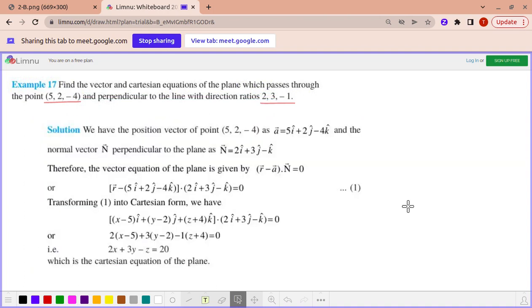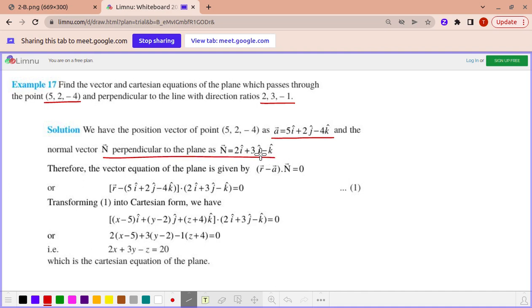So, dear students, as the fixed point is having coordinates 5, 2, minus 4, its position vector will be a vector equal to 5 i cap plus 2 j cap minus 4 k cap. And n vector, that is the perpendicular to the plane, will be 2 i cap plus 3 j cap minus k cap.